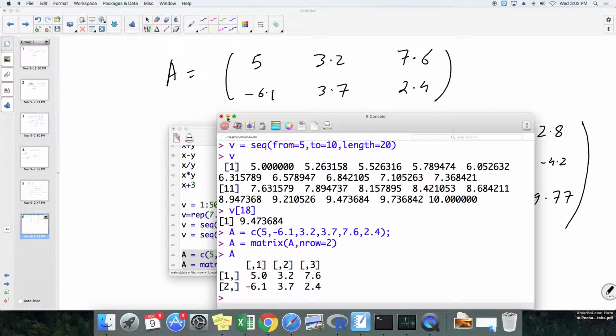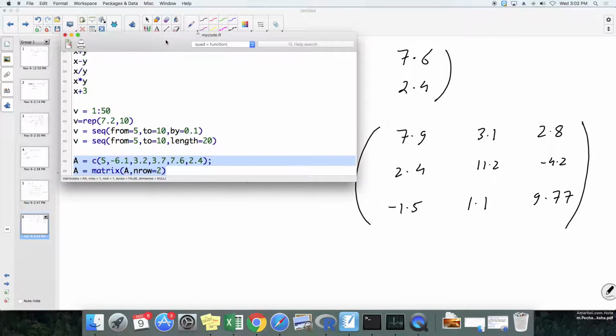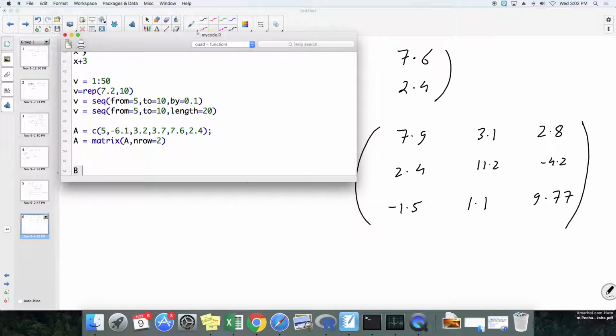Let me also enter the matrix B. So first we enter B as a vector 7.9, 3.1, 2, sorry, actually let's do that. Let me teach you a trick which I didn't plan on teaching you, but let me do that.